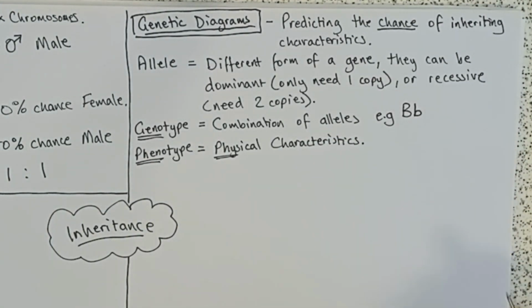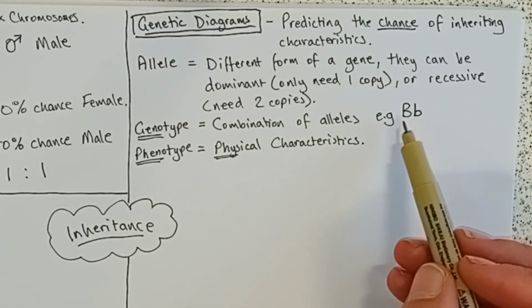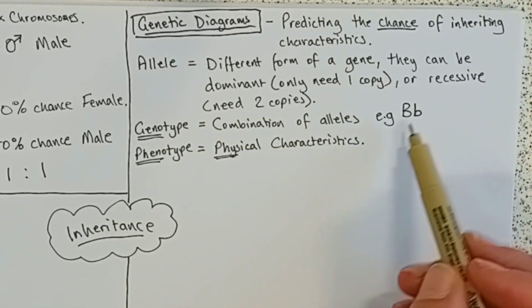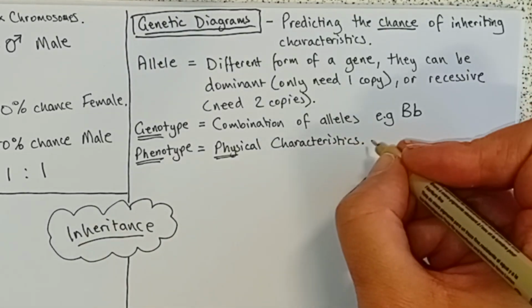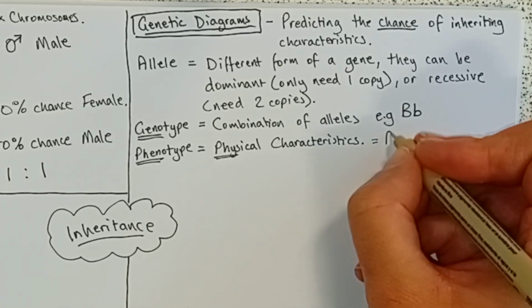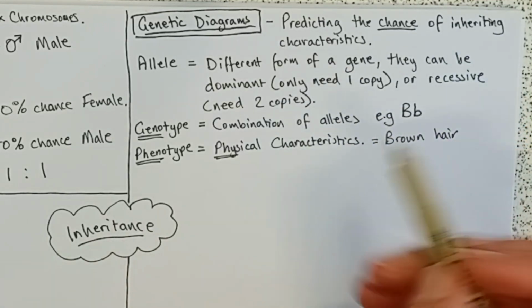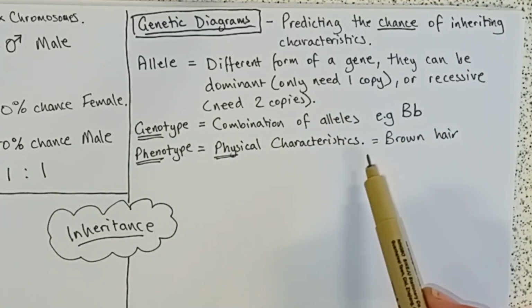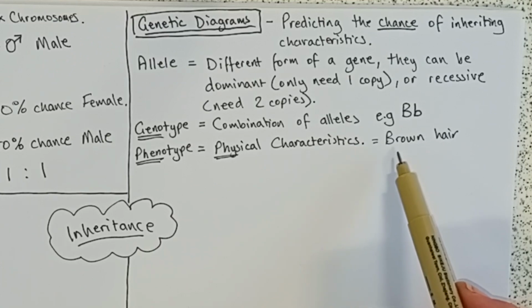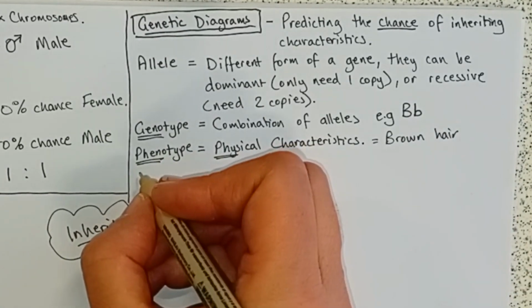So by physical characteristics then, instead of saying big B, the phenotype of this person would be brown hair because they contain the dominant brown allele. So the genotype is the combination of alleles, usually 2 letters, and the phenotype is physically what protein's made, in this case, brown hair.